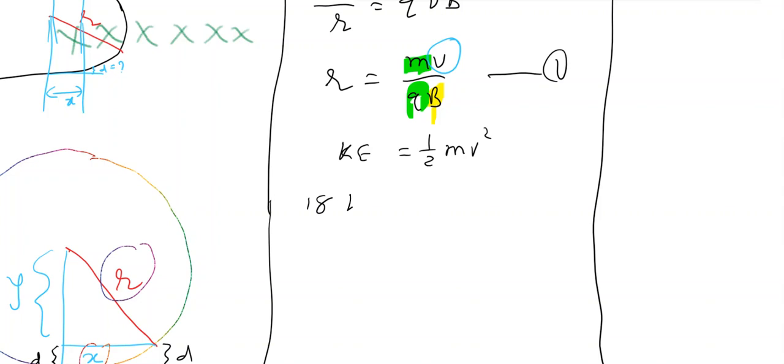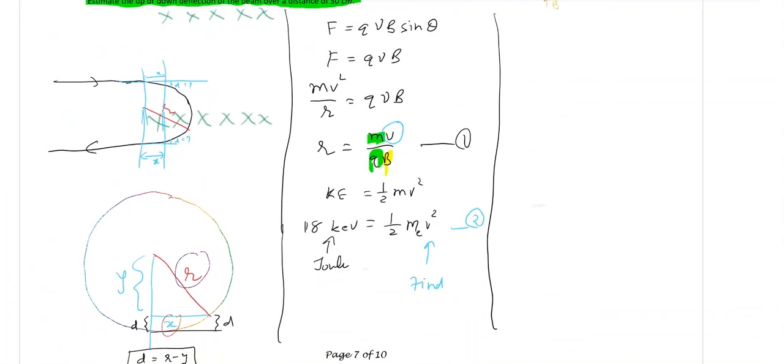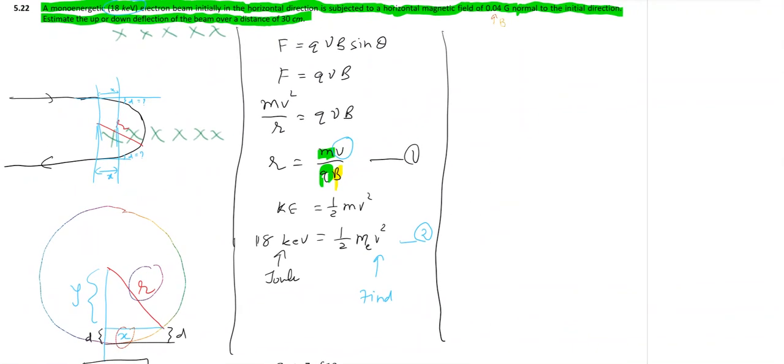So convert 18 keV into joule, and then use the mass of the electron and v square. So you have only one unknown here, v. Find out v. So the second equation will give you v. Substitute in the first, find out r. So one step is over.